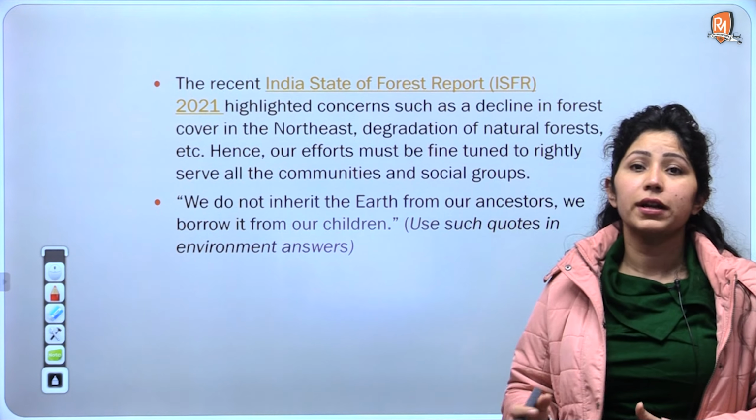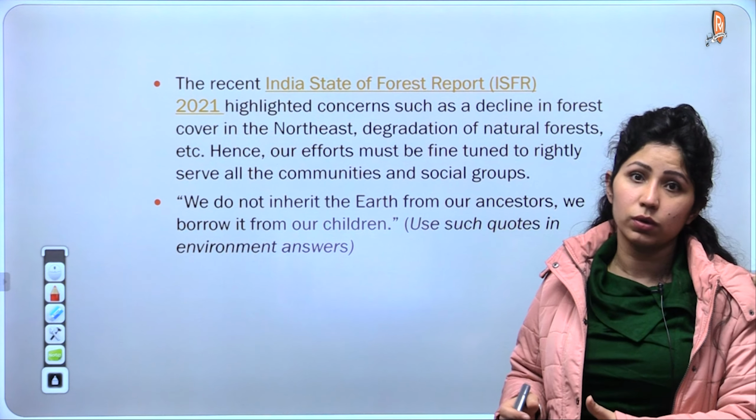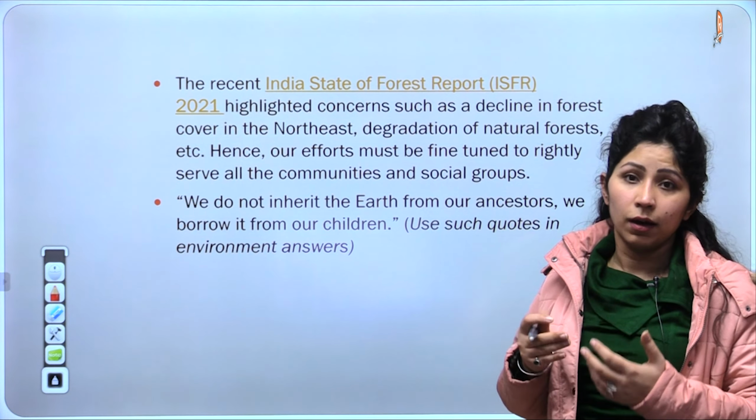The area under forest in northeastern regions is coming down. So we need to address these issues before we start tweaking the process of environmental impact assessment. Hence, all our efforts must be fine-tuned to rightly serve all the communities and social groups. So this is where your conclusion ends.